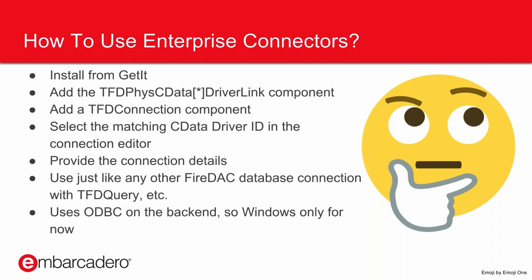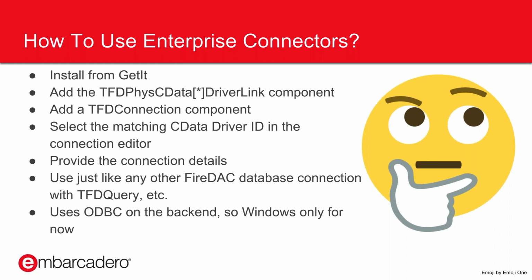You add that to your form, and that's going to add the unit to the uses clause. Then you put an FDConnection component on the form, and select the matching CData driver ID in the connection editor, just like you do with any other database you've connected to with FireDAC, and select the Twitter or the Facebook driver ID. Then you can provide the connection details, which I'll go through and explain. Once you've done that, you can use it just like any other FireDAC database connection with FDQuery.